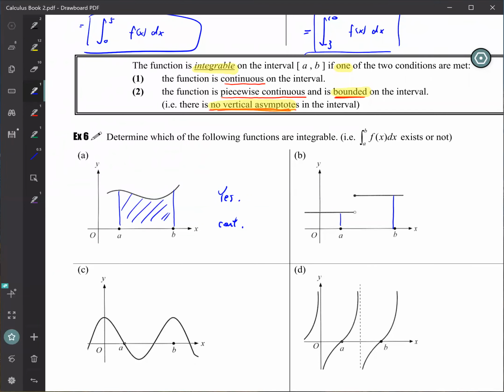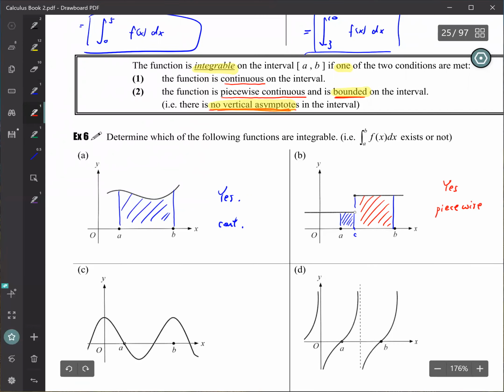But then there is no gap between the broken place. So I could find the area from A to C added with the area from C to B. So this one is still yes. This gives you an example of a piecewise continuous function.